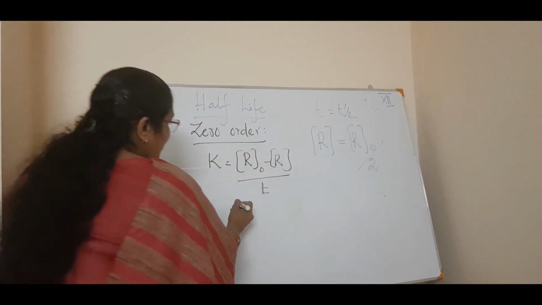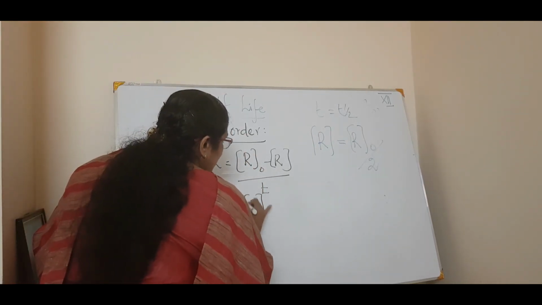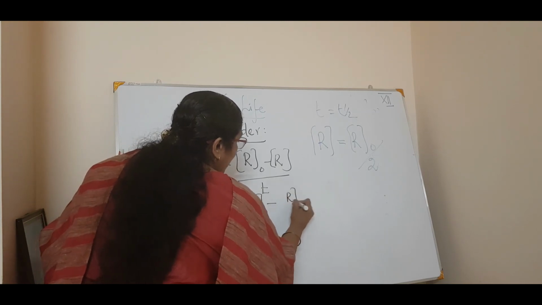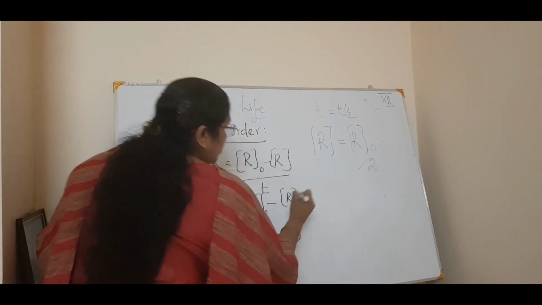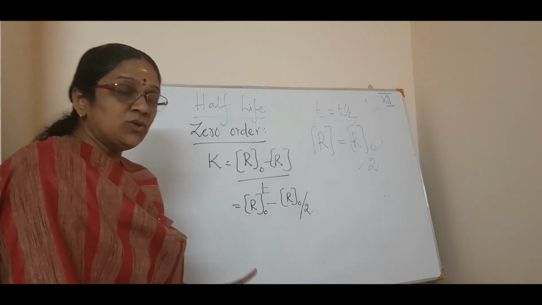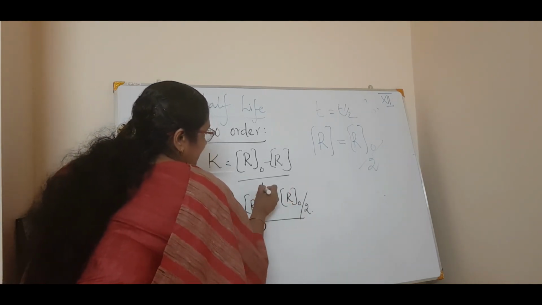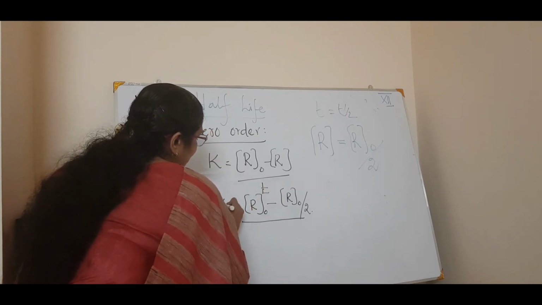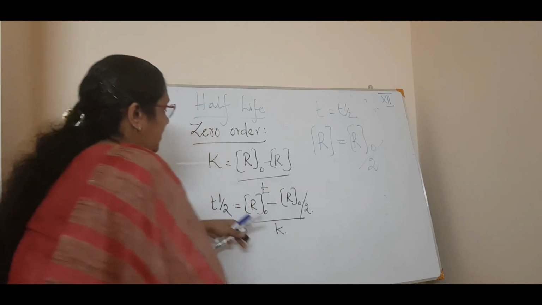So, we will derive it. It will become R0 minus R0 by 2, divided by T, which you put as T half, and K will become the denominator.